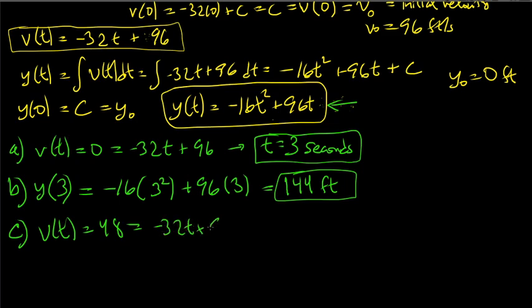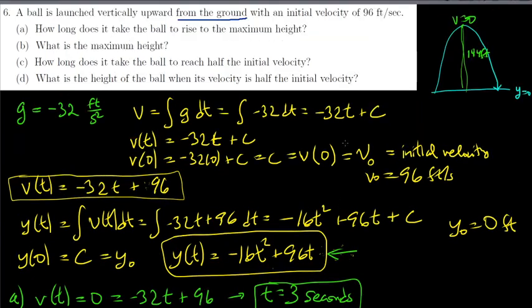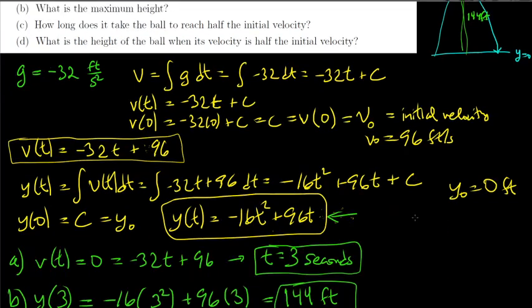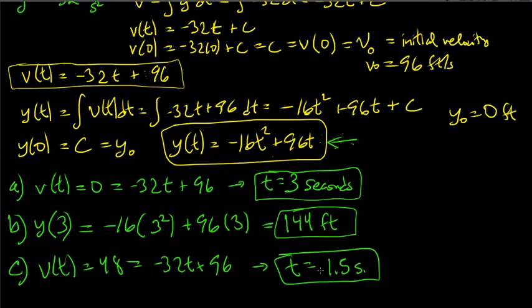Now you solve this equation, and I think you get t is 1.5 seconds. Now you have to be careful here, because if the question was how long does it take to reach a third of the initial velocity, you might think that it's a third of 3 seconds, so 1 second. I don't think it works that way, so be very careful about that.